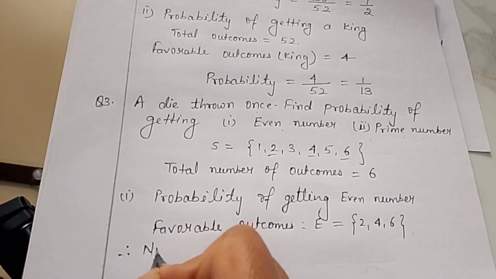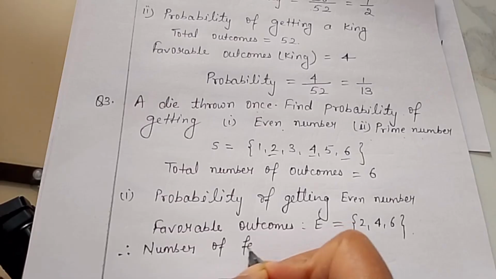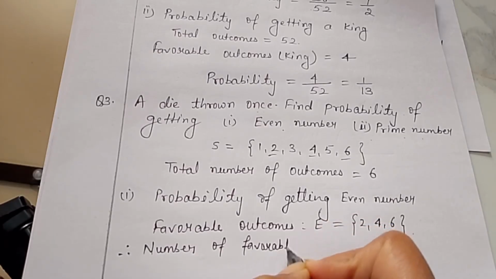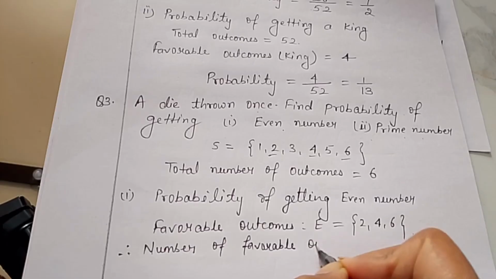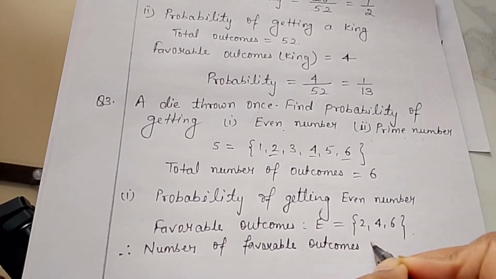Therefore, number of favorable outcomes is 3.